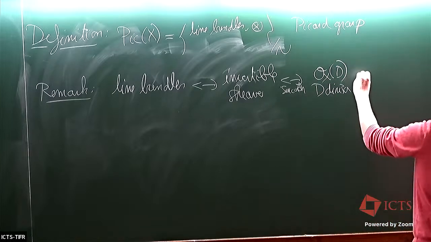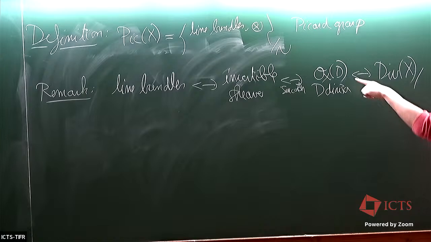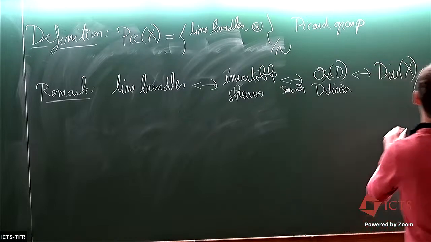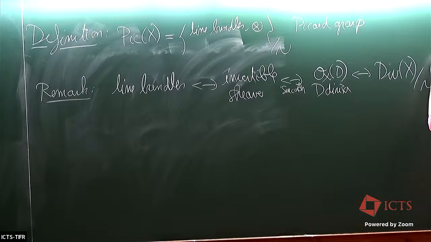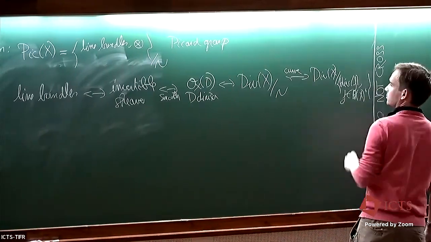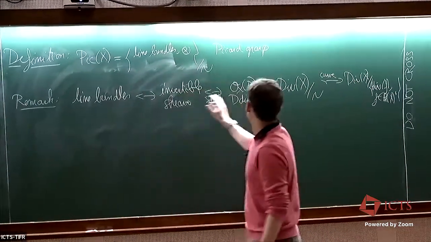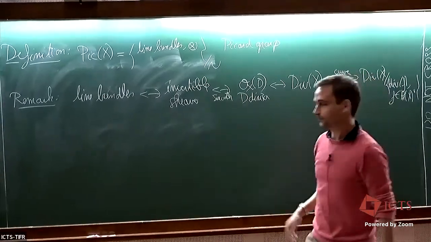Okay, and so you get back to the group of divisors, up to, and the equivalence here means rational equivalence. In the case of curves, you do get the divisors of points divided by the divisors of functions. Okay, so I'm mostly on this side for the talks, but if you want to imagine what's going on, you can always translate in terms of those.